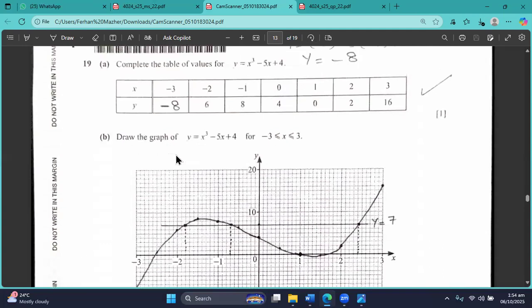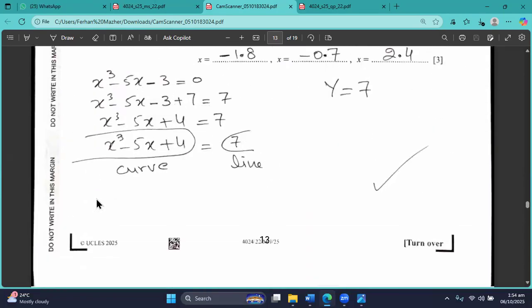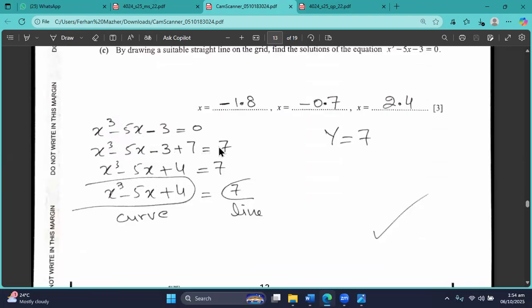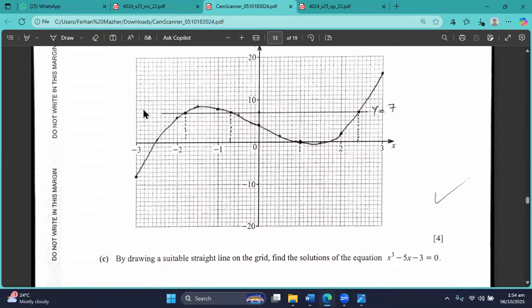Now this is the expression for the curve whose graph I have already drawn here. So on the left side I have that expression. Whatever is on the right side, here we have 7. That is the equation of a line. So y equals 7.